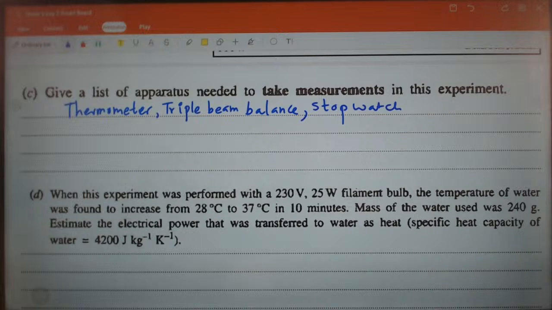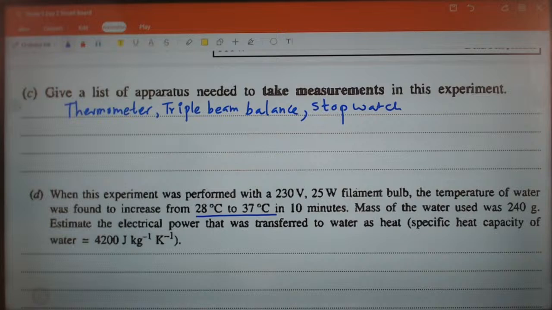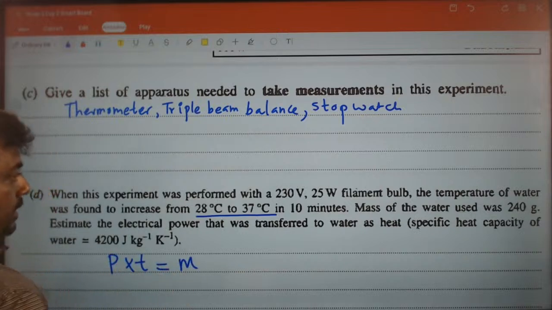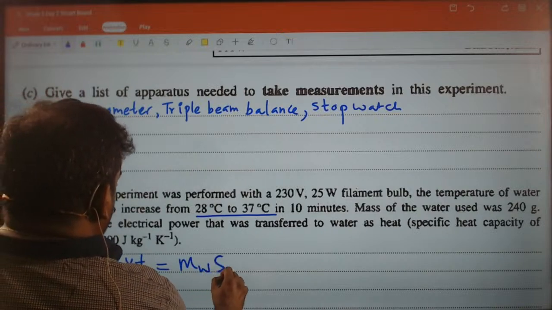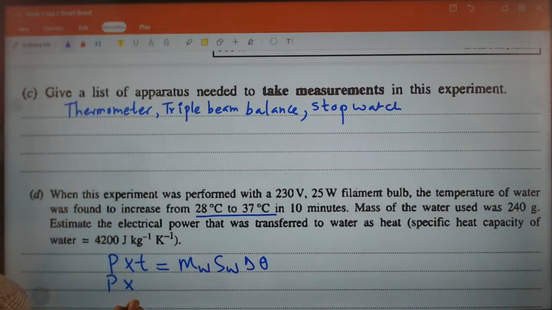Right. When this experiment was performed with 230 volt 25 watt filament bulb, the temperature of water was increased from 28 to 37 in 10 minutes. Mass of water used was 240 gram. Estimate the electrical power transfer. So power multiplied by time is equal to m s delta theta. Power into time, 10 minutes, 600 seconds.